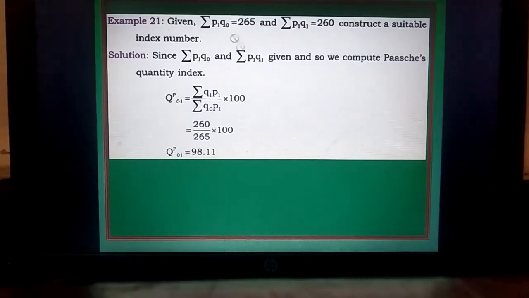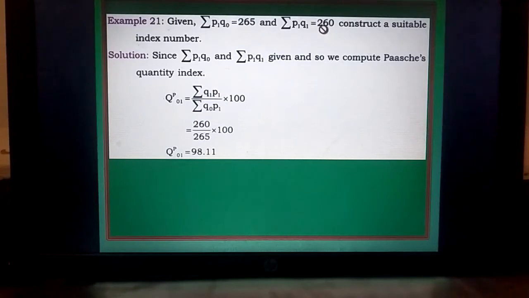Since P1 is given, it is purchase quantity index number to be calculated. That's why we have written, since these two terms have been given, we compute purchase quantity index. Q01P, which is nothing but purchase quantity index number, we know as sum of Q1 divided by Q0 with P1 as weight applied, multiplied by 100.